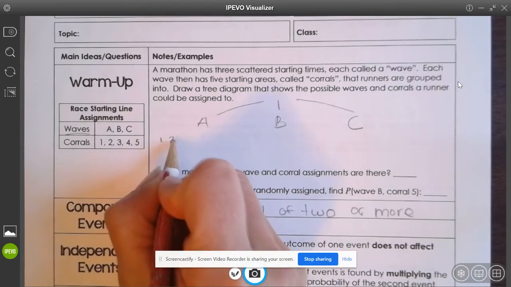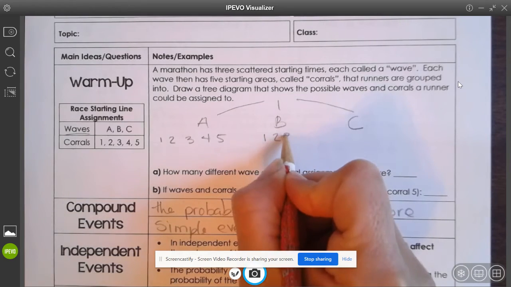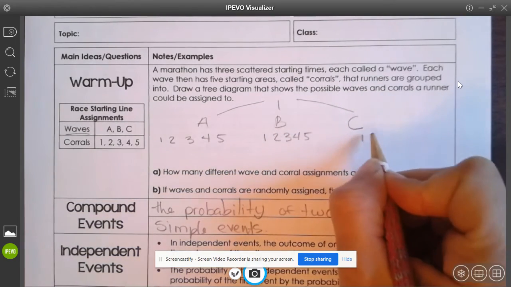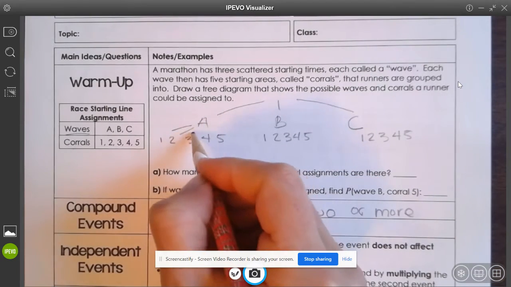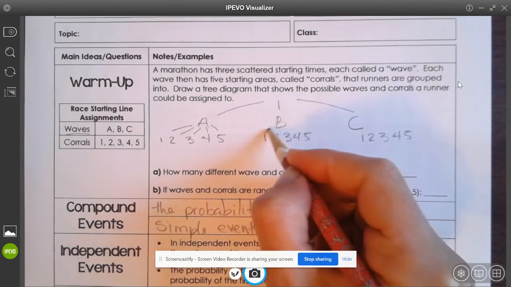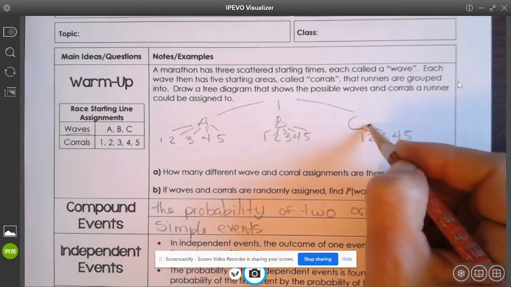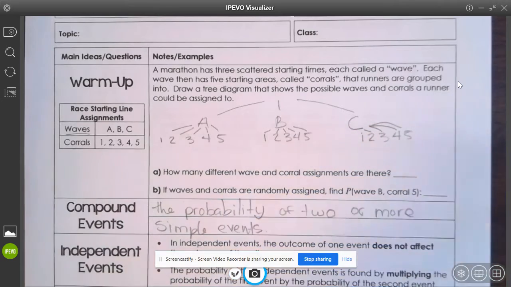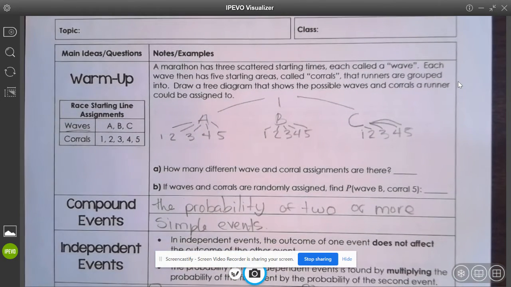So one, two, three, four, five. One, two, three, four, five. And one, two, three, four, five. This is why it's called a tree, because it looks like a little tree with the branches. Okay. All right. So that is called a tree diagram.